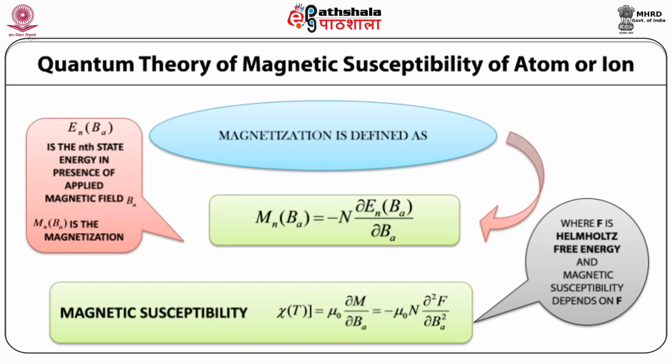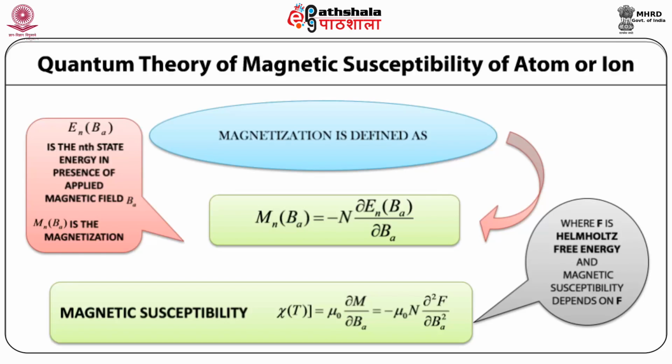So what are these quantities appearing in this formula? En(Ba) is the nth state energy in the presence of applied magnetic field Ba, and Mn(Ba) is the magnetization, which depends of course on the externally applied magnetic field Ba.